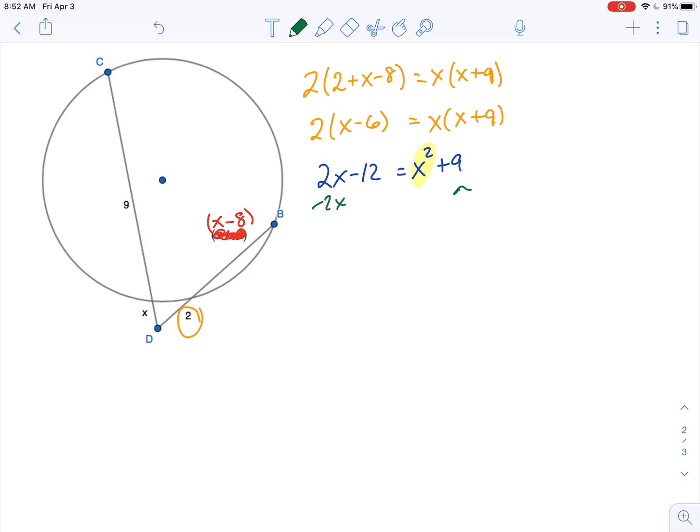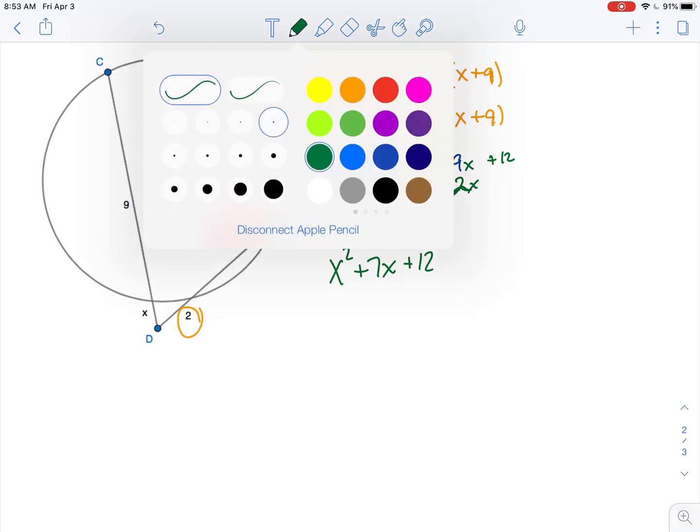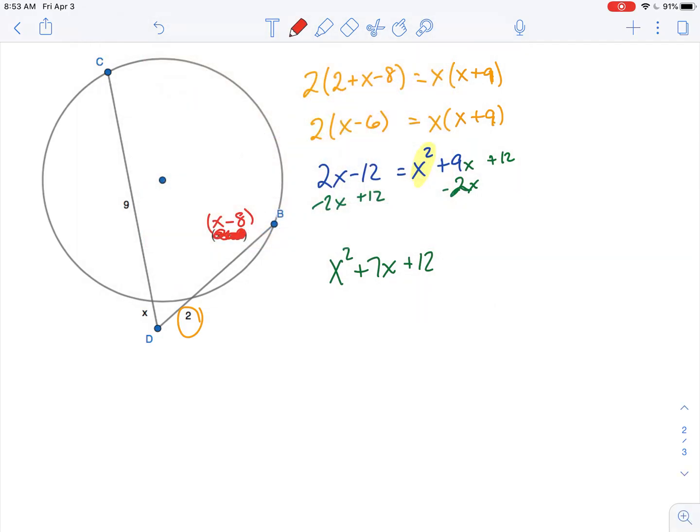And I see an x squared, I know I need to factor, so I want to get an equation with everything on the same side. So I want to move that stuff over there, so I can subtract 2x and add 12. And I'm left with x squared plus 7x plus 12.